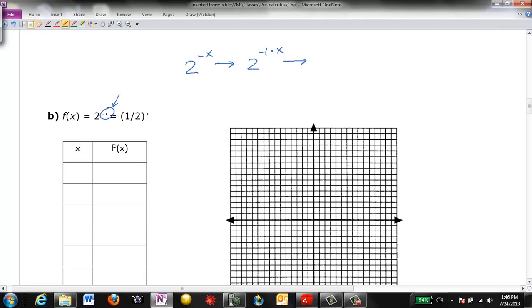So I can rewrite this as 2 to the negative first quantity raised to the x power. Okay. And then you should be able to recall that 2 to the negative first is the same thing as 1 over 2. I'll keep that in parentheses, raised to the x. So that's how we get 1/2 to the x.